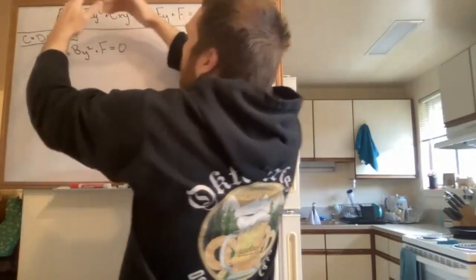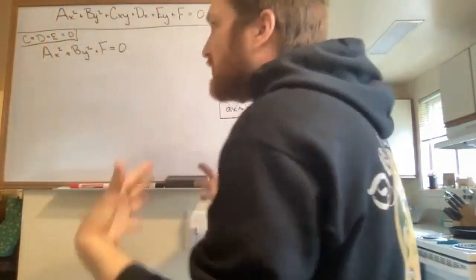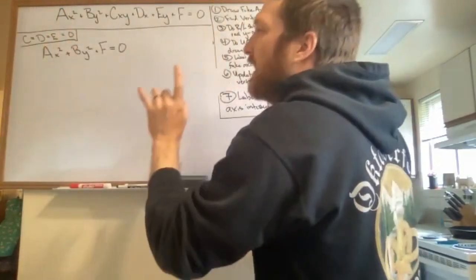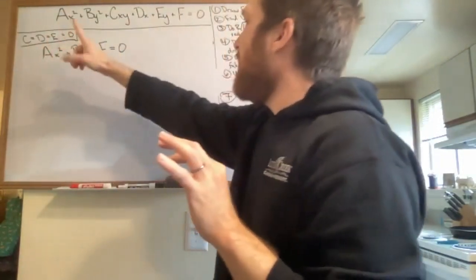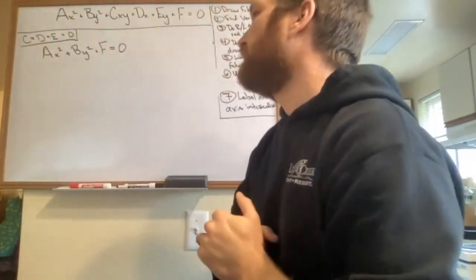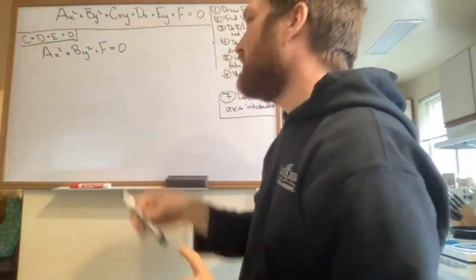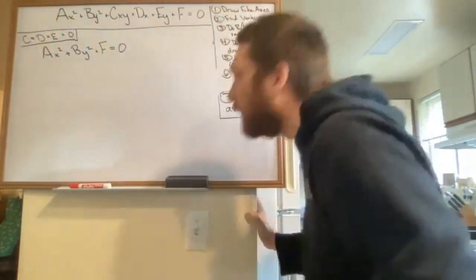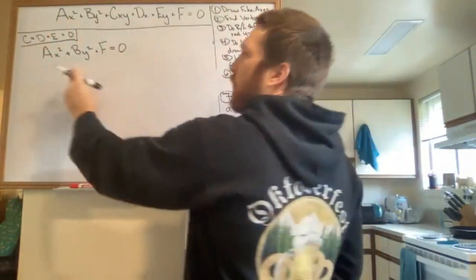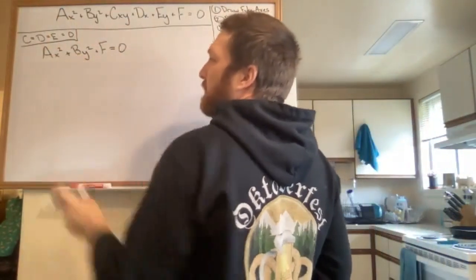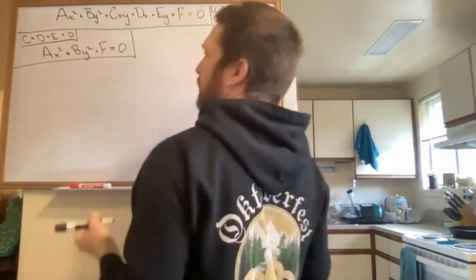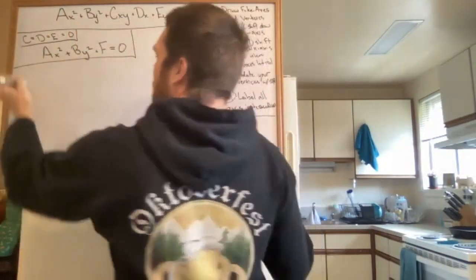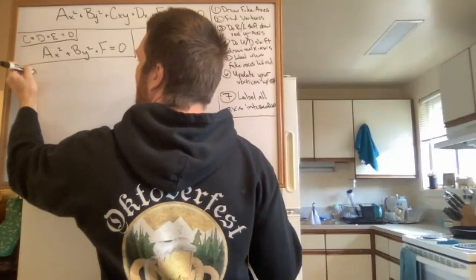Now what we do, and what most books do, and what I think is a good idea, is look at first, what about when we only have an A, a B, and an F? And there are a few cases. The special case of a circle occurs where the A and the B are the same thing. So this is what we're looking at. And there's special case number 1, where the A and the B are equal.